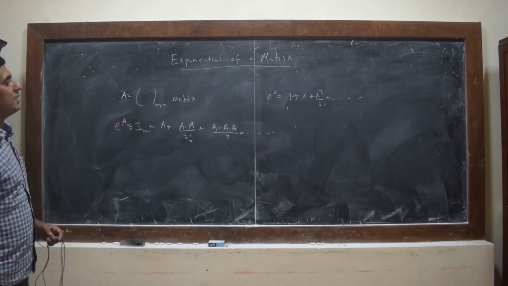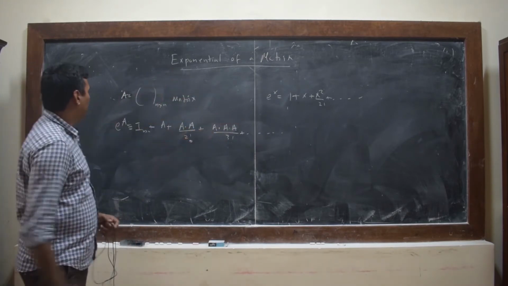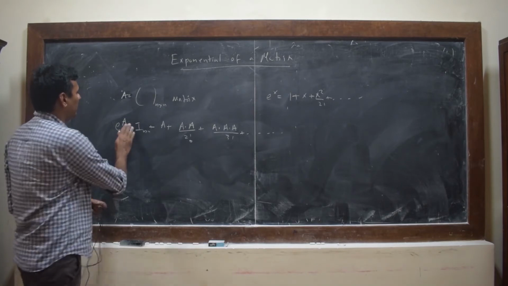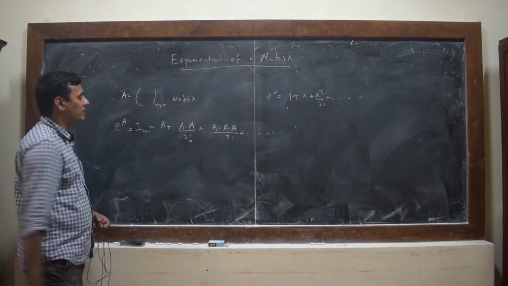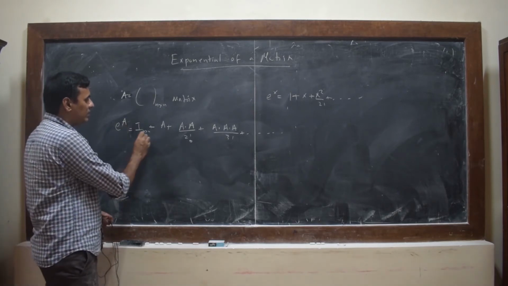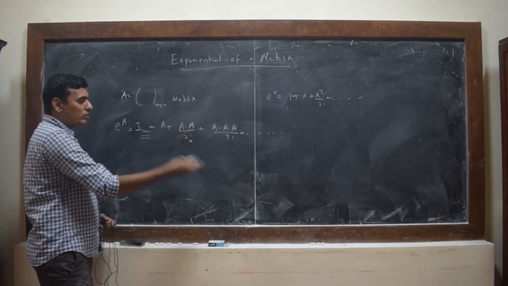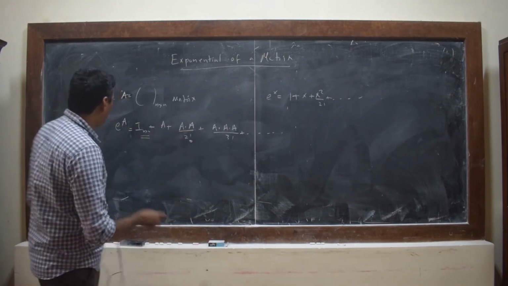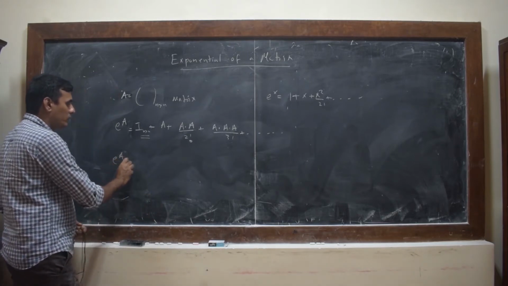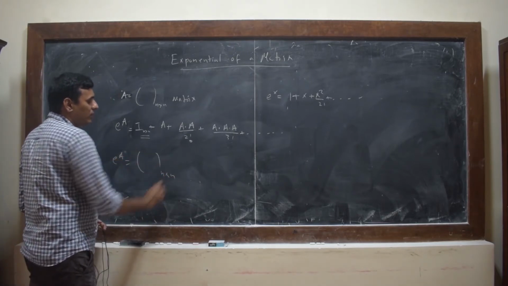So, as an infinite series you can define the exponential of a matrix A, e power A. And A is already an n cross n matrix. So, this A square also will be an n cross n matrix. So, basically e power A is going to be another n cross n matrix.